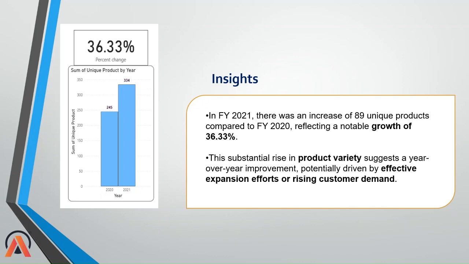From this output, we get the insights that in fiscal year 2021, there was an increase of 89 unique products compared to fiscal year 2020, reflecting a growth of 36.33%. This is a substantial rise in product variety. This suggests a year-over-year improvement, potentially driven by effective expansion effort or rising customer demand.